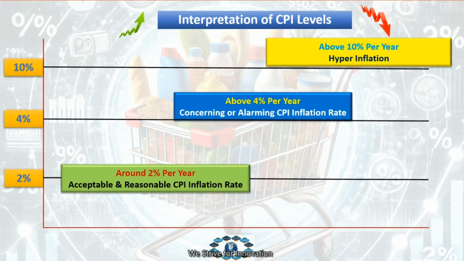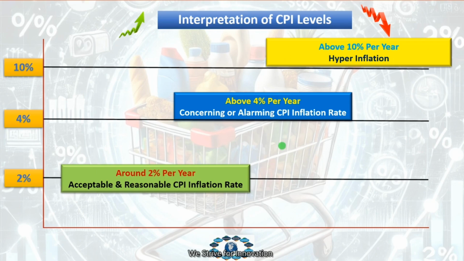This level of inflation can erode savings, because people will lose a lot of their money since they have to pay way too much for anything they want, goods and services. It destabilizes the economy and leads to a loss of confidence in the currency. It's often associated with severe economic crisis.